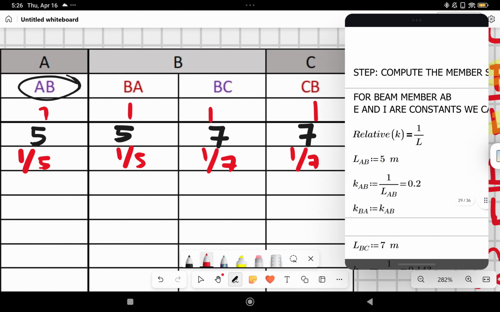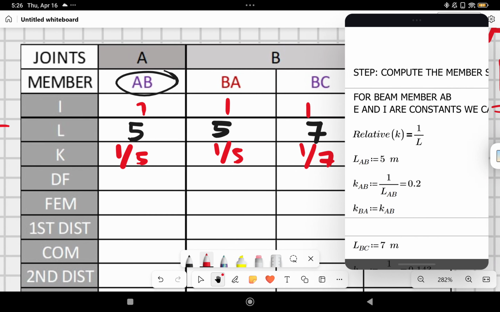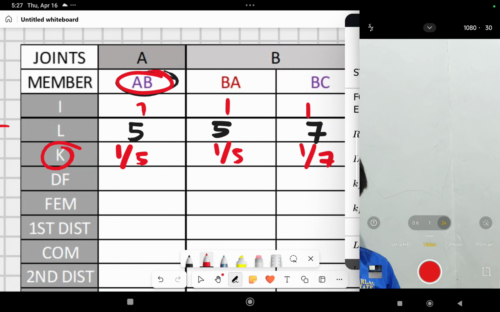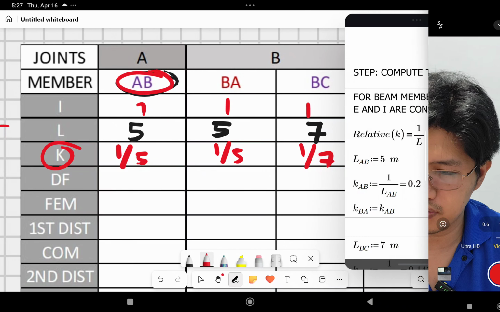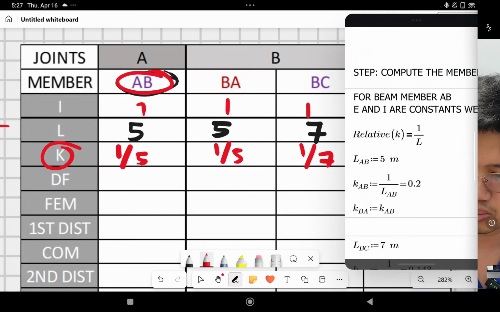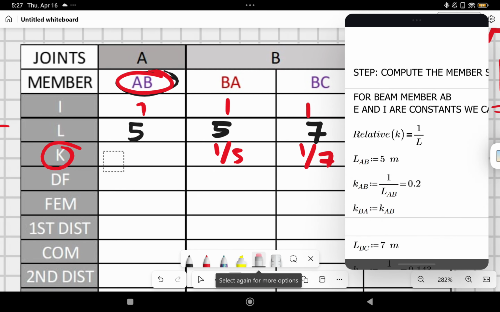So that is for AB, the stiffness of member AB. Stiffness of member AB, that is 1 over 5, which equals 0.2. So let me erase 1 over 5 and replace it with 0.2.